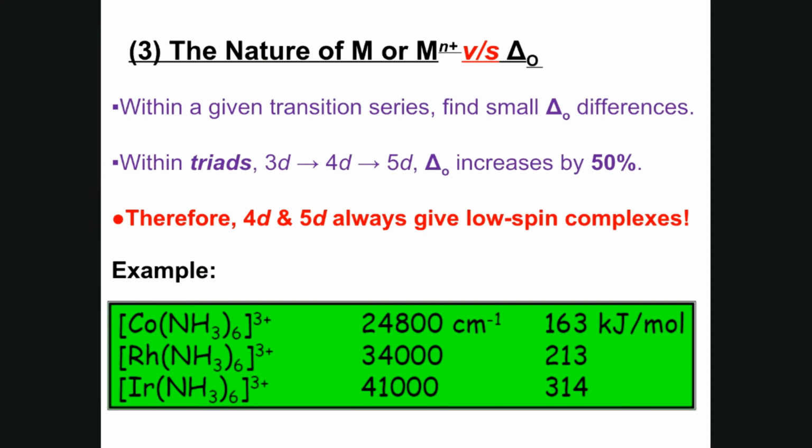So the changes that you're seeing in the splitting parameter are due to the position of the metal in the periodic table. It is very important. And this has got a very strange consequence, that high spin and low spin complexes are only possible in the first transition series.